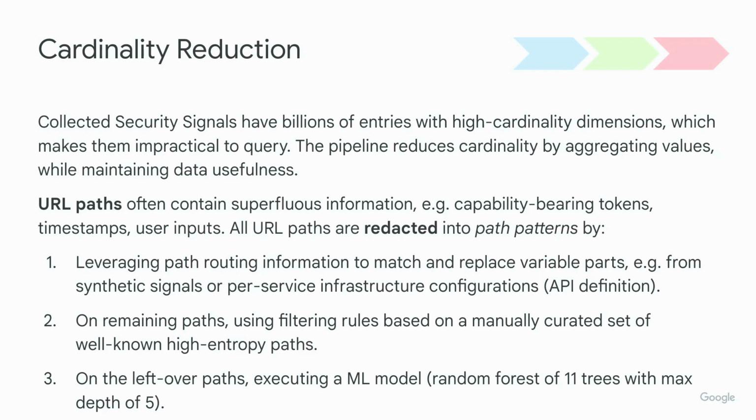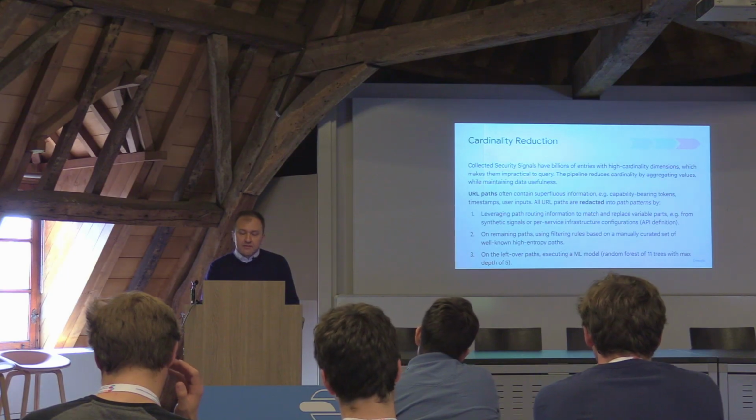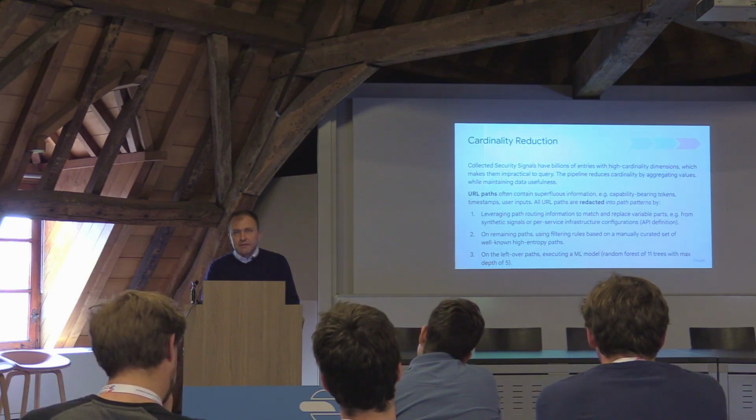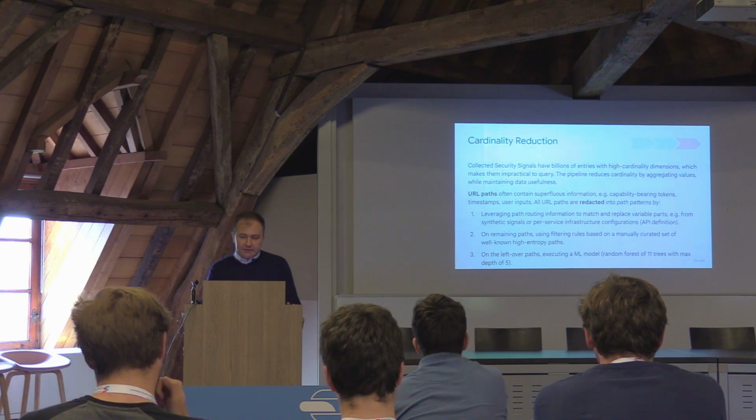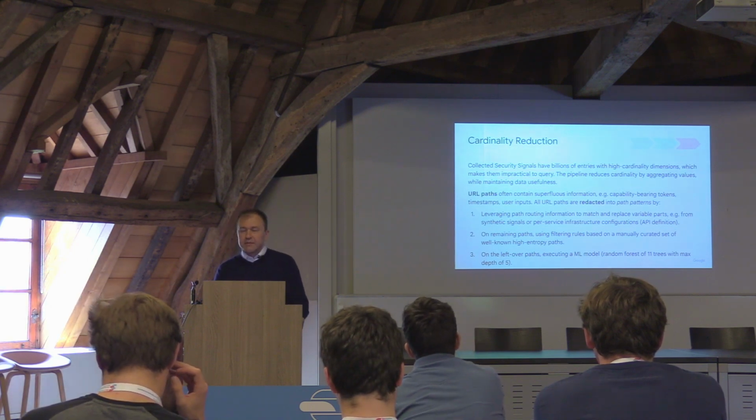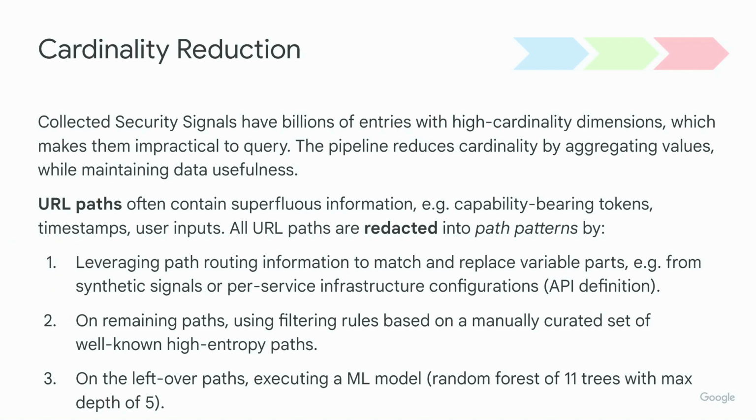The remaining roughly 10% are then processed by the manually maintained list of well-known high entropy paths. So we need to help ourselves a little bit with manual work. And the last resort is our ML model. It's a small random forest, 11 trees, not that deep, but it works pretty well.